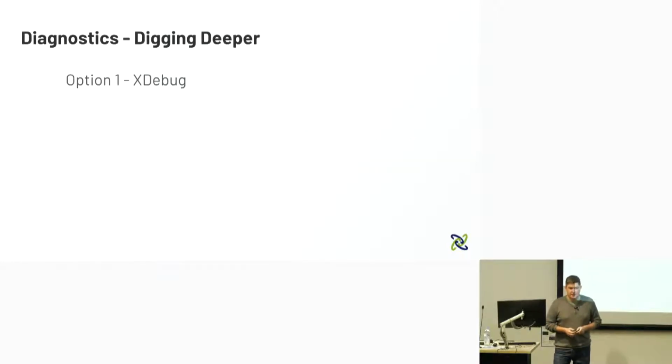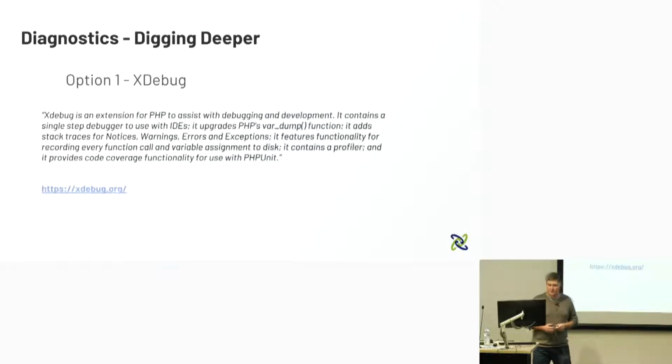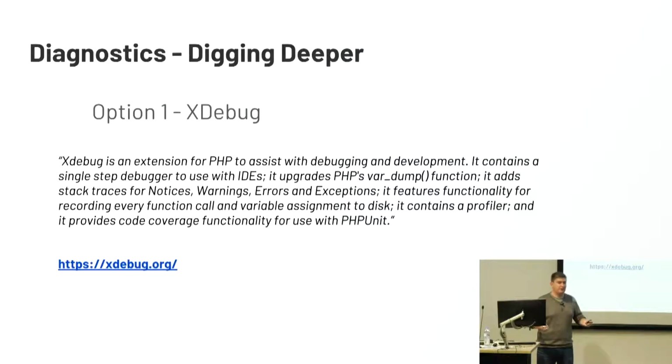So the first option is XDebug. XDebug is an extension for PHP and basically it assists with debugging. It gives you a single-step debugger, and it'll track all of the function calls, build them in using a profiler and give you an output of what's actually going on for your site.